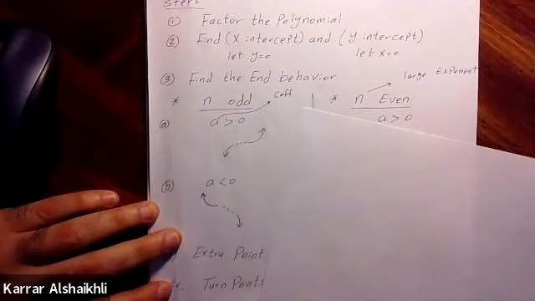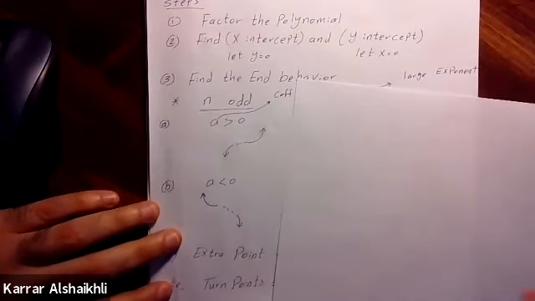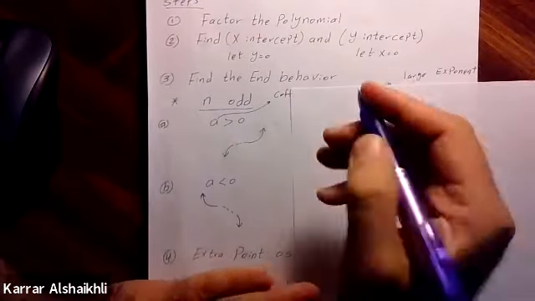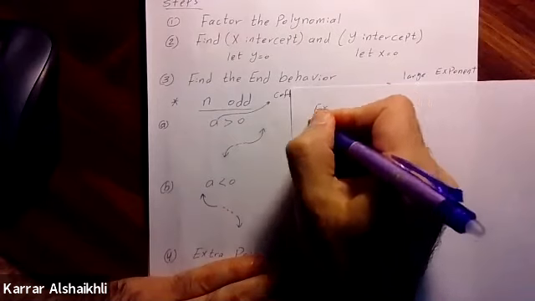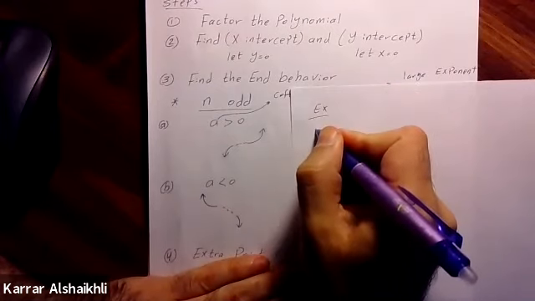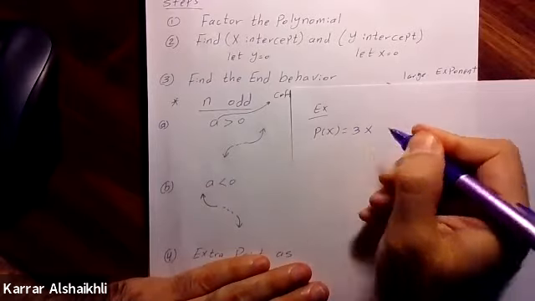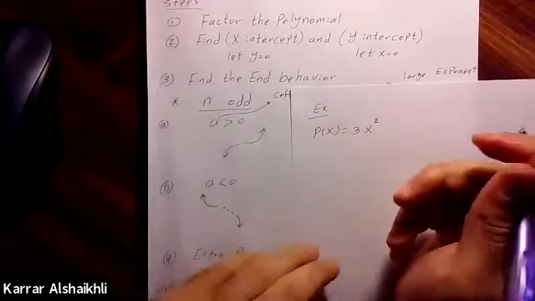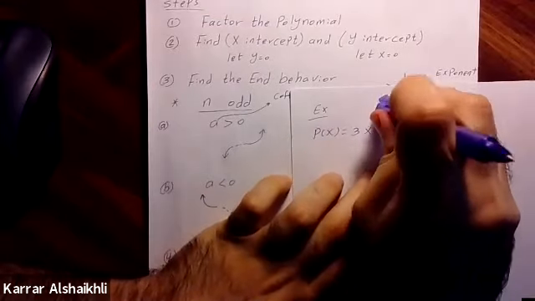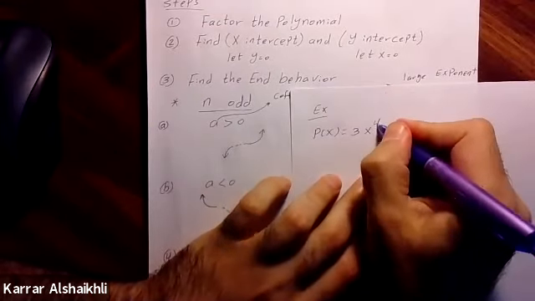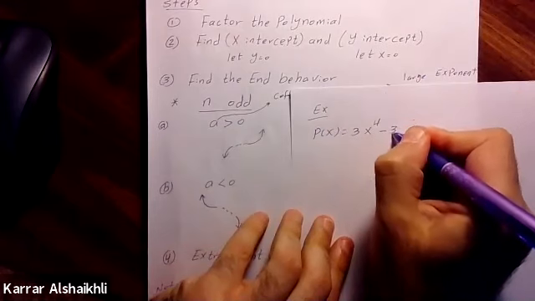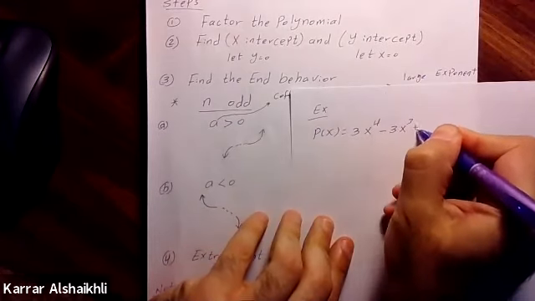Let's do an example here on the side, so it's going to be easier for you. For example, if we have P of x equal 3x to the power 5, minus 3x cubed plus 4x.